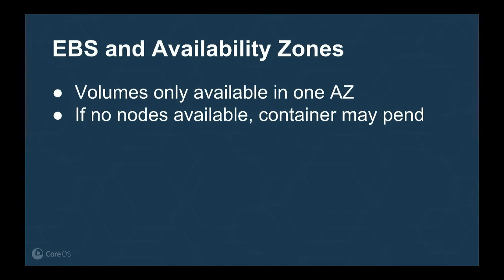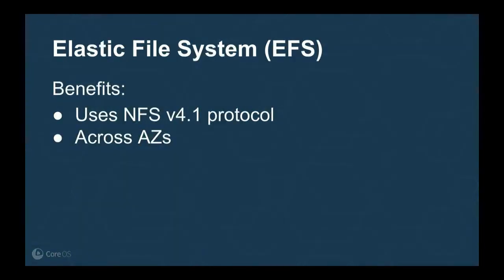So is there a way to go around it? Well, you could use the Elastic File System. In the Elastic File System, for example, it's a really nice way to be able to consume storage. And I just want to point out that I see your questions, and all your questions will be answered at the end of the talk.